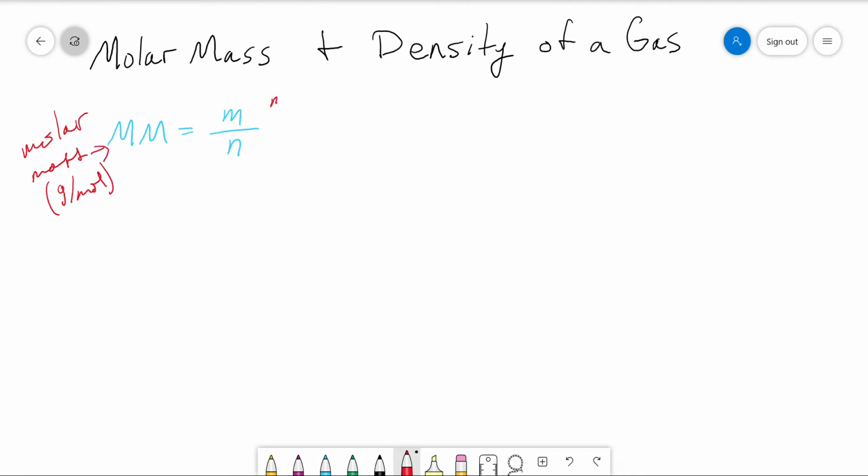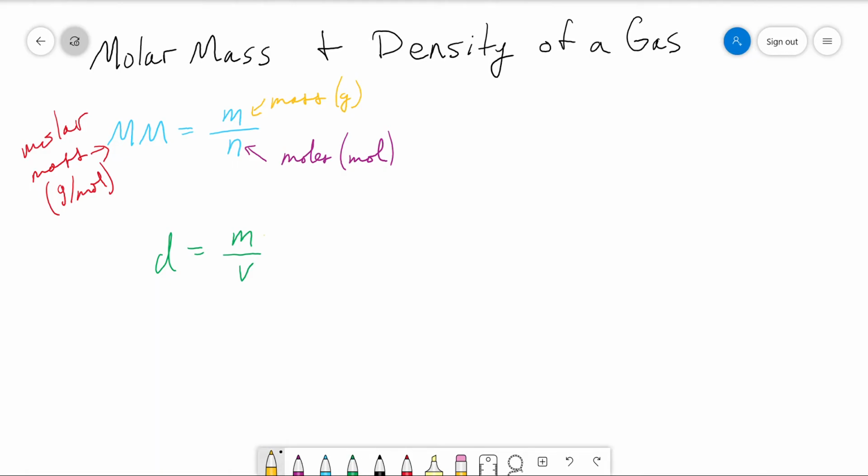That's the mass of the gas, measured in grams. And then that is, of course, moles, measured in units of moles. And then the density of a gas, or the density of anything, is mass over volume.